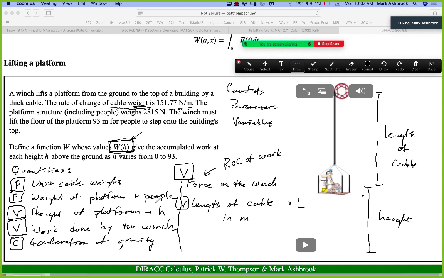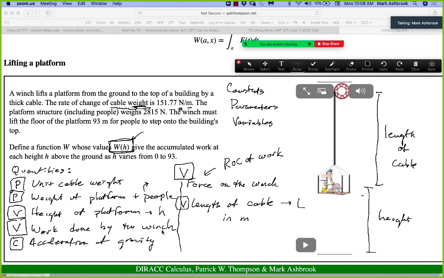What about the weight of the platform and the people? Since that's a parameter, since it's a known value, we don't have to assign a symbol to it. We just have its value, which we know is 2815. The unit cable weight, again, we could assign a symbol to it, but we don't need to. It's the 151.77.